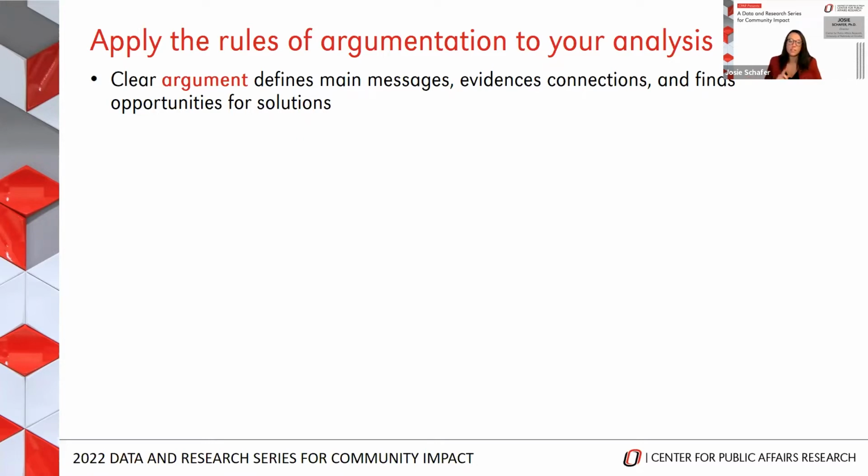So a clear argument defines main messages, and it starts at main messages, right? It doesn't start deep in the weeds of the data. It starts with main messages. It evidences connections. It uses data to tell people how things work together, and then it finds opportunities for solutions. You don't want to leave folks with just a bad taste in their mouth, nothing they can do. You want to focus on what are the opportunities as a result of this argument.